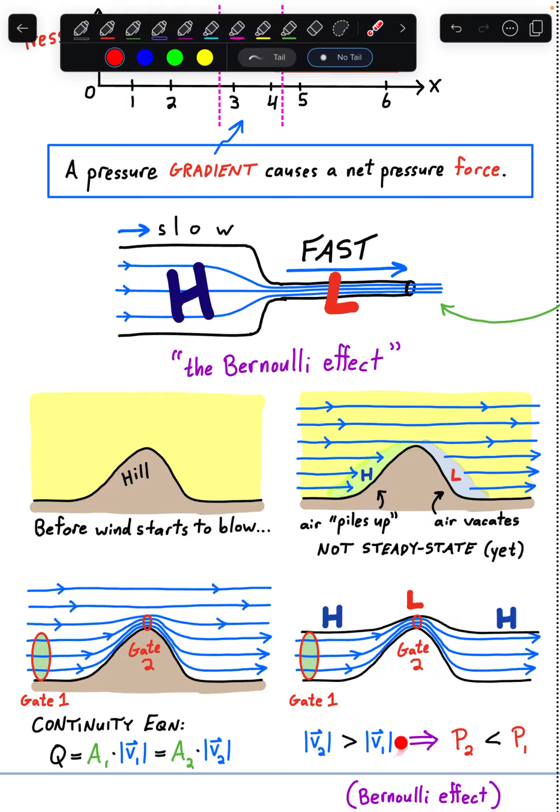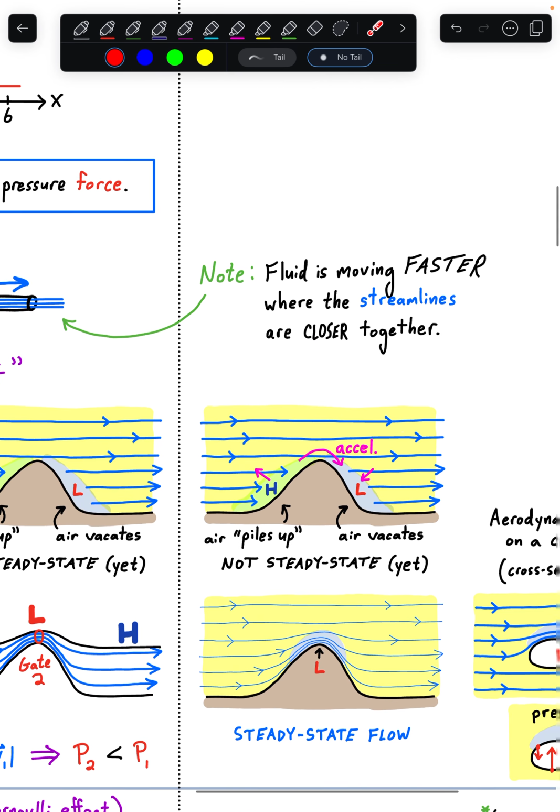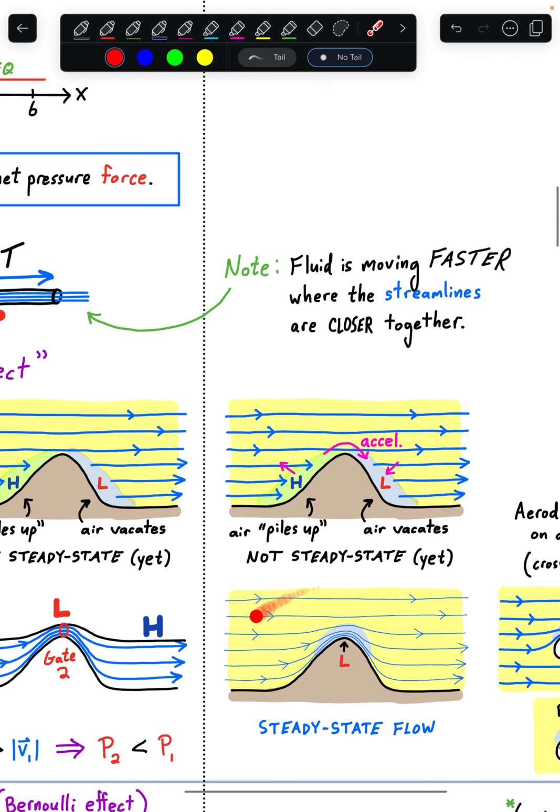So we can also conclude that the pressure here at gate 2 must be lower than the pressure at gate 1. So we get a low pressure zone where the air is moving fast over the top of that hill. And now our eventual steady state flow will be established like this, where we have a low pressure zone at the top of the hill where the fluid moves fast.